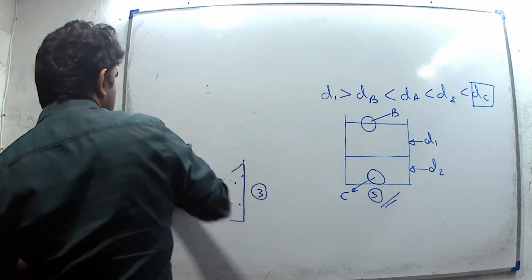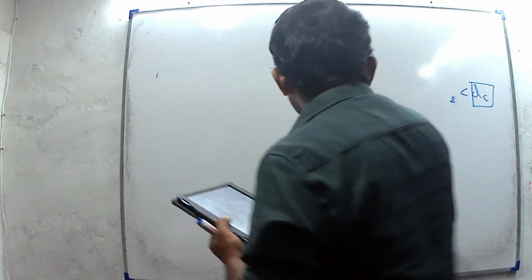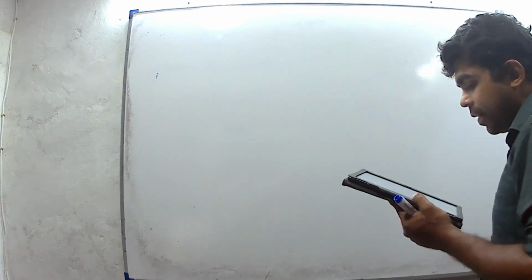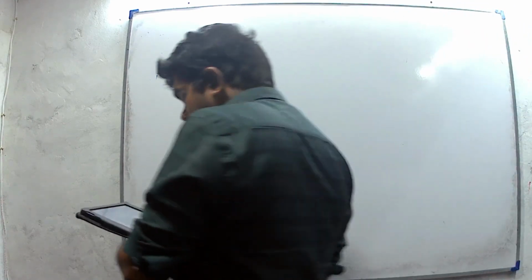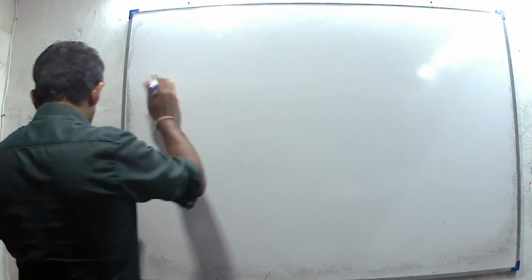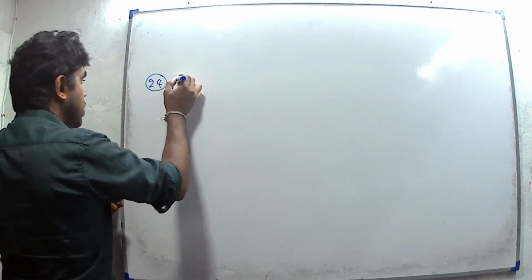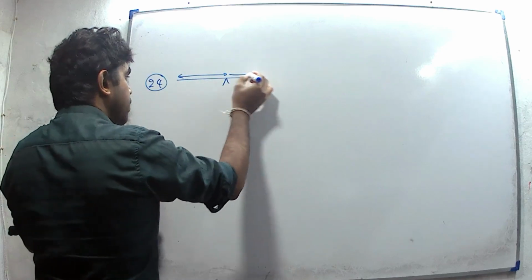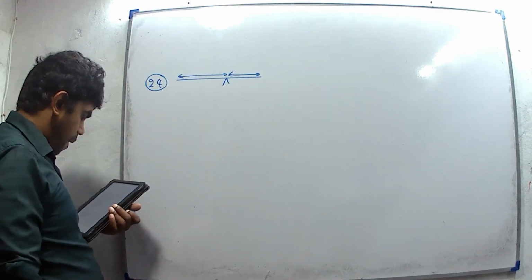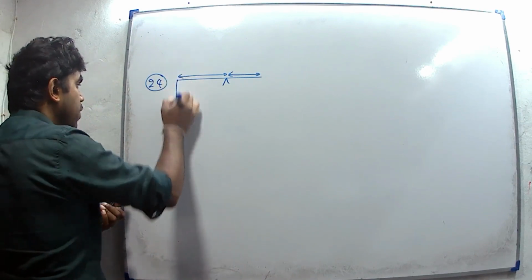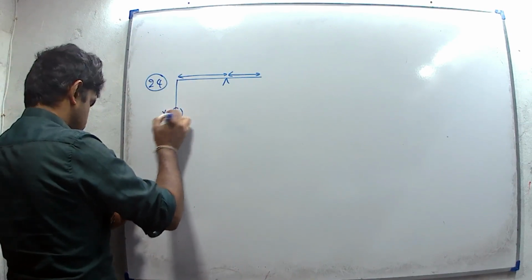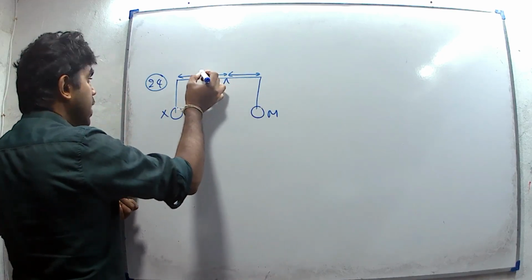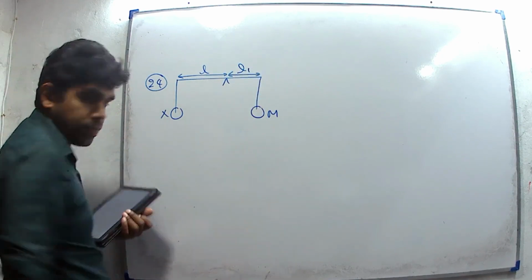We can consider the first situation. In the first situation, there is an equilibrium. We can write the torque around point A. There is a system like this. When the system is at equilibrium, they have given the balance lengths L and L1.